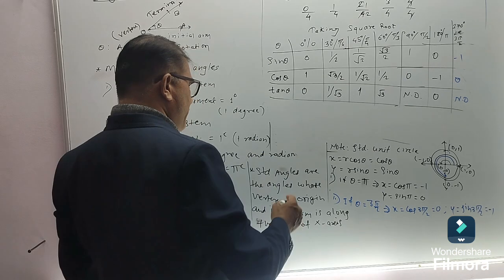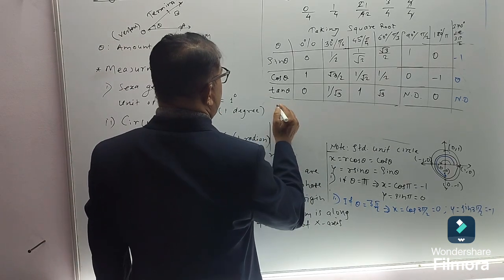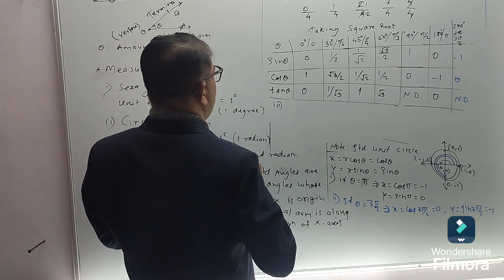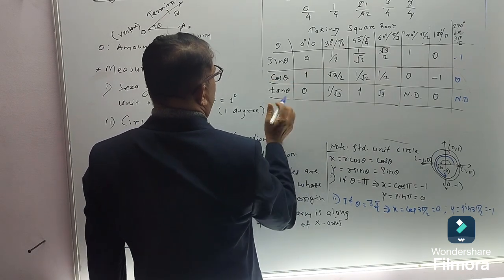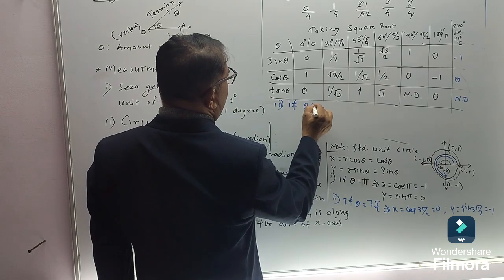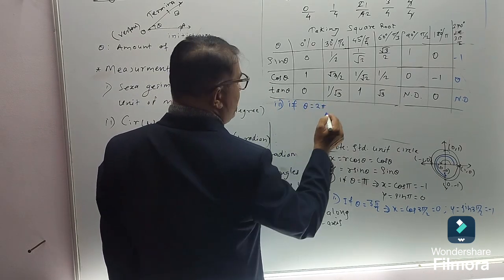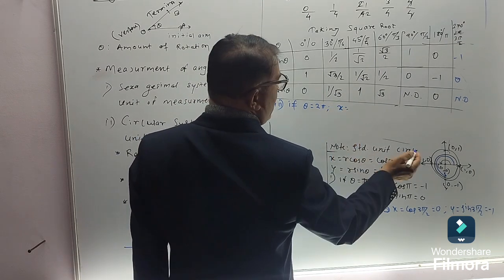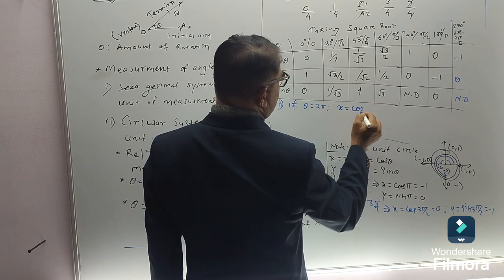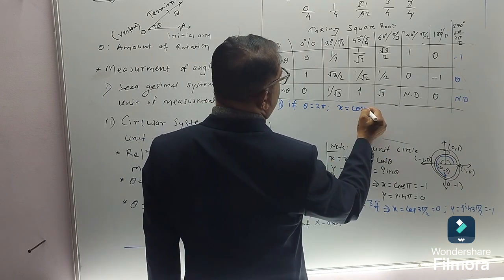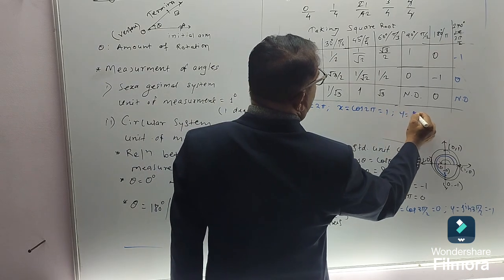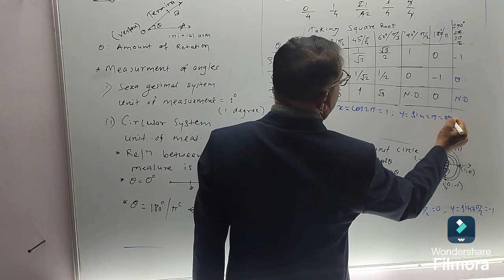Therefore, I'm writing the third result here with the blue pen for your clarity. If theta is 2 pi, meaning 360 degrees, x becomes 1. X is cos theta, and cos 2 pi is 1. And y is sin 2 pi, which is 0.